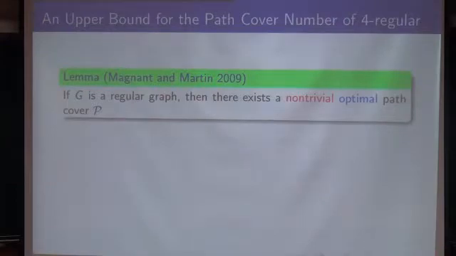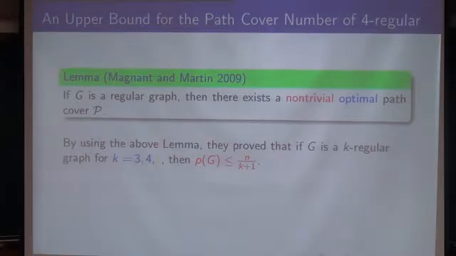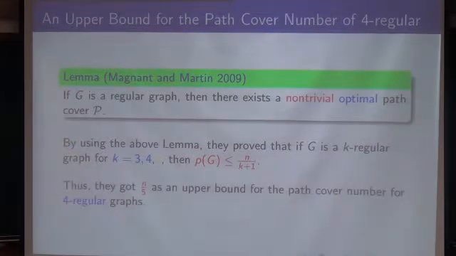And optimal means the size of the cover is equal to the path cover number. They show that if G is a k-regular graph, the path cover number is at most n over k plus 1, when k is equal to 3, 4, 5. So for regular graphs, they got n over 5 as an upper bound for the path cover number. But this is also best possible.